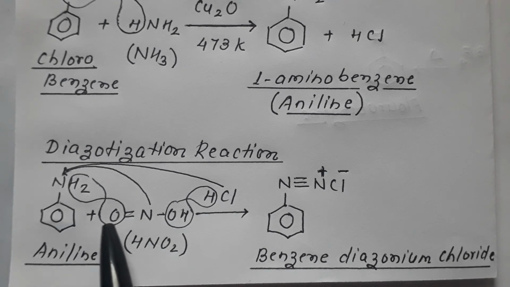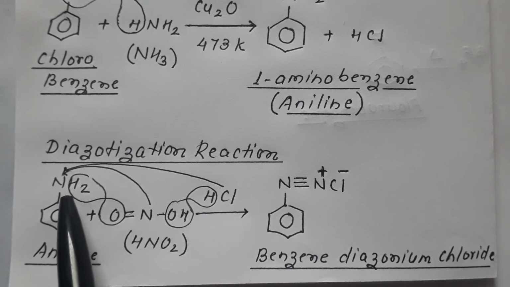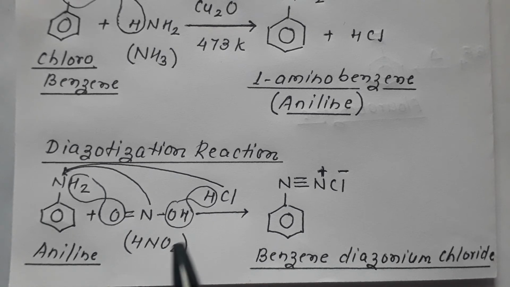Two H from NH2 and one O from nitrous acid go off in the form of H2O. Then this OH and this H go off in the form of a water molecule.